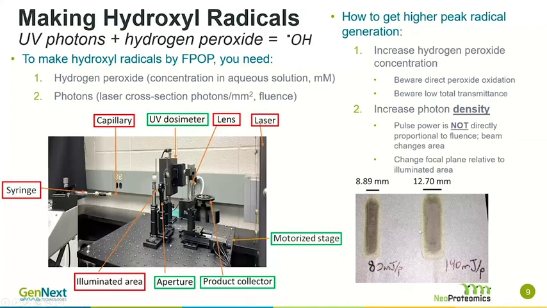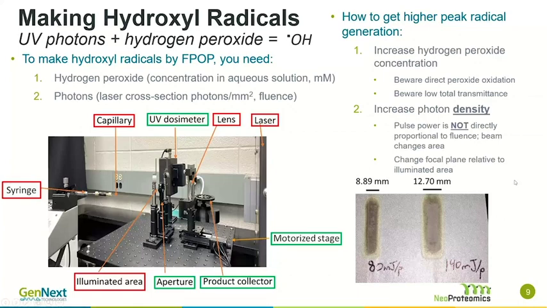So while we get some increase in fluence by increasing laser pulse energy, most of that pulse energy goes into making the beam larger, not making the fluence higher. So you have to be careful when you're adjusting your pulse energy in order to change fluence.